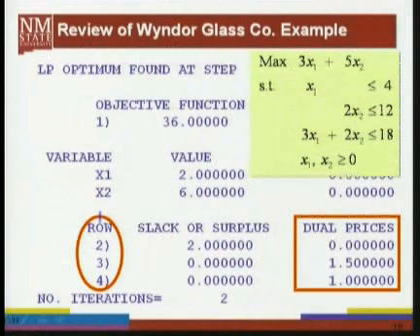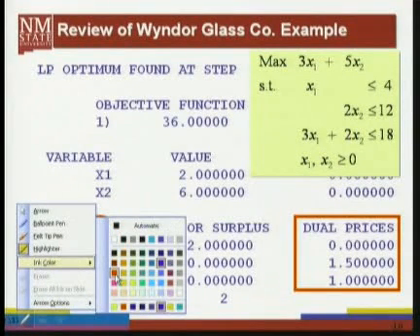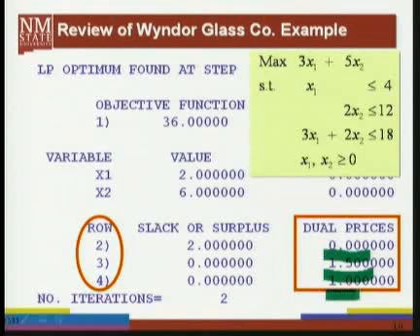And from Lindo, we've got 0 and 1.5 and 1 for the dual prices of each constraint, right?